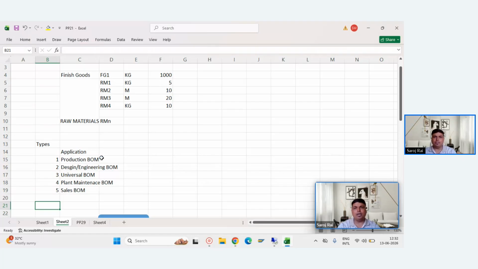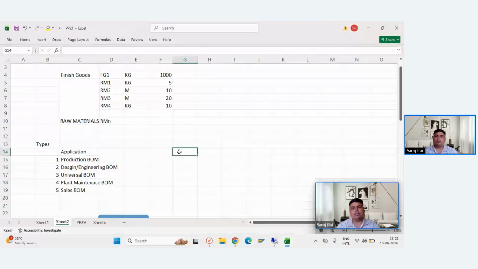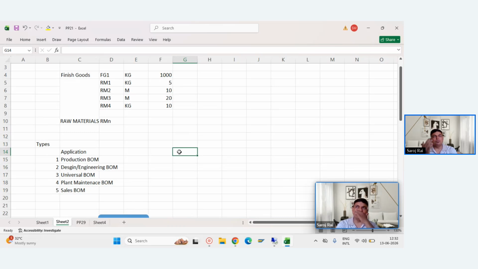Apart from that, on the basis of application, there are some theoretical BOMs too, but now we will go with these application BOMs: production BOM, engineering BOM, universal BOM. You already know about the production BOM, so I'm not explaining it much here. In upcoming videos, we'll discuss the production BOM. What I told initially: the components required to produce these items. So that is application.